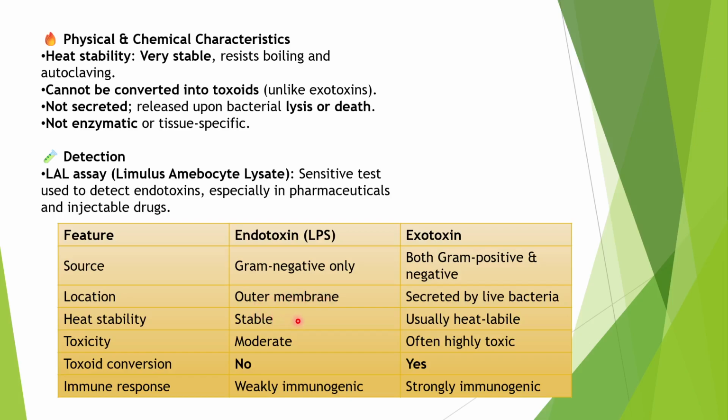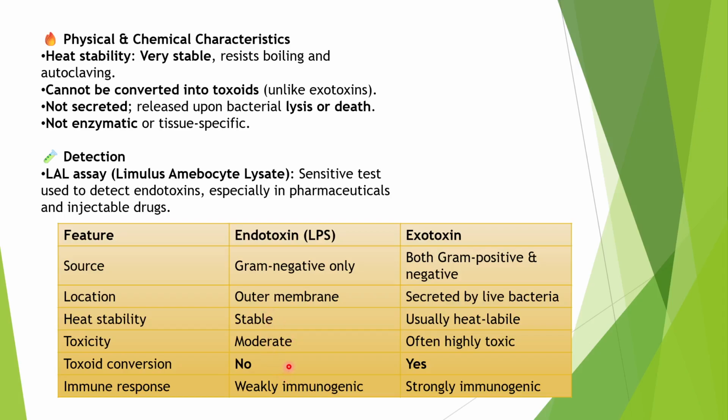Then heat stability: endotoxin is highly stable and exotoxin is usually heat labile, that is, it's not very stable. And toxicity: endotoxin is moderately toxic and exotoxin often shows very high toxicity on exposure. Then toxoid conversion, that is whether it can be converted into toxoids.